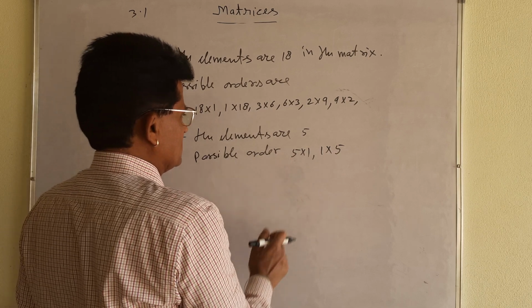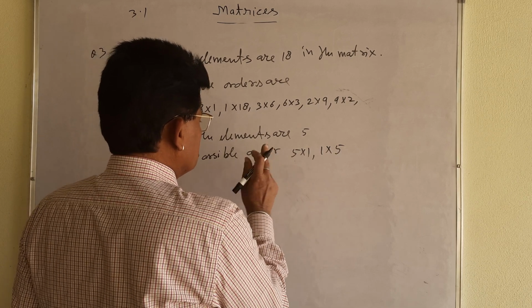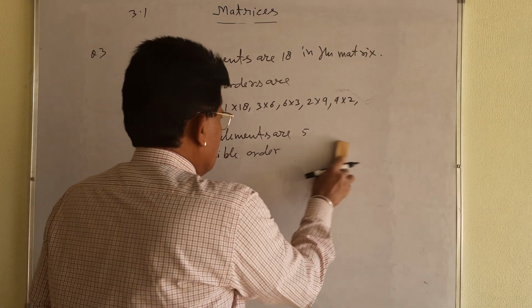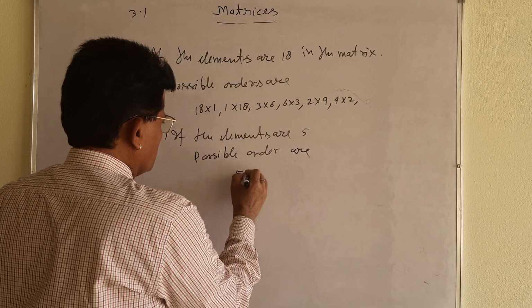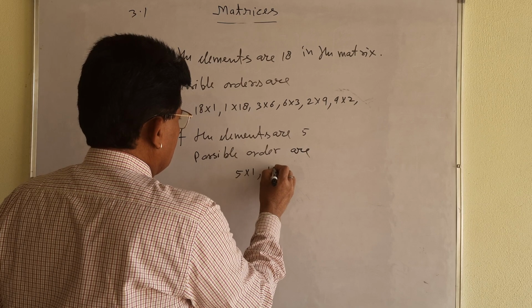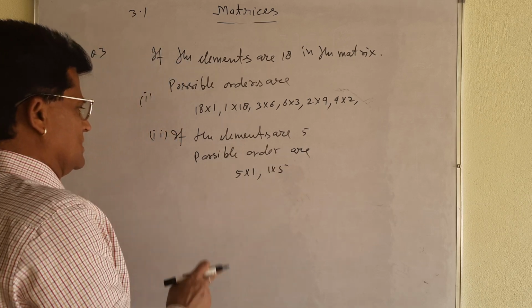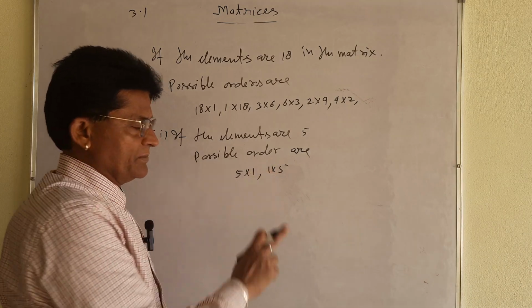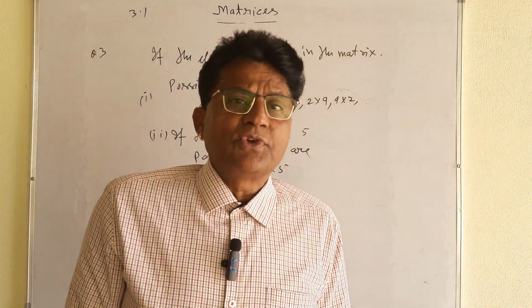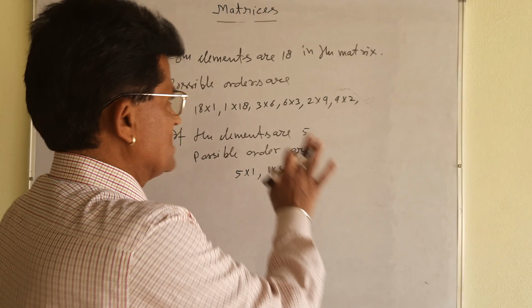These are the possible orders. You must write this. Let me write here: possible orders are 5 into 1 and 1 into 5, because you can't factorize 5. Keep that in mind.